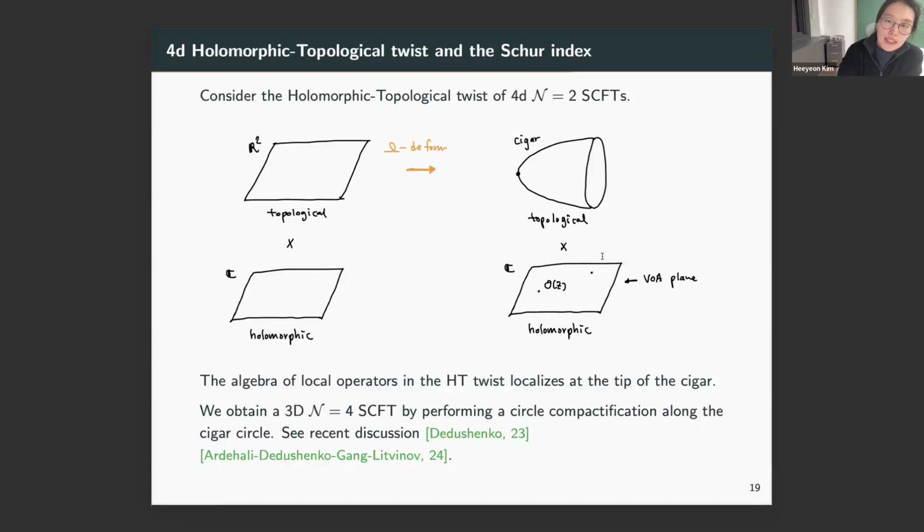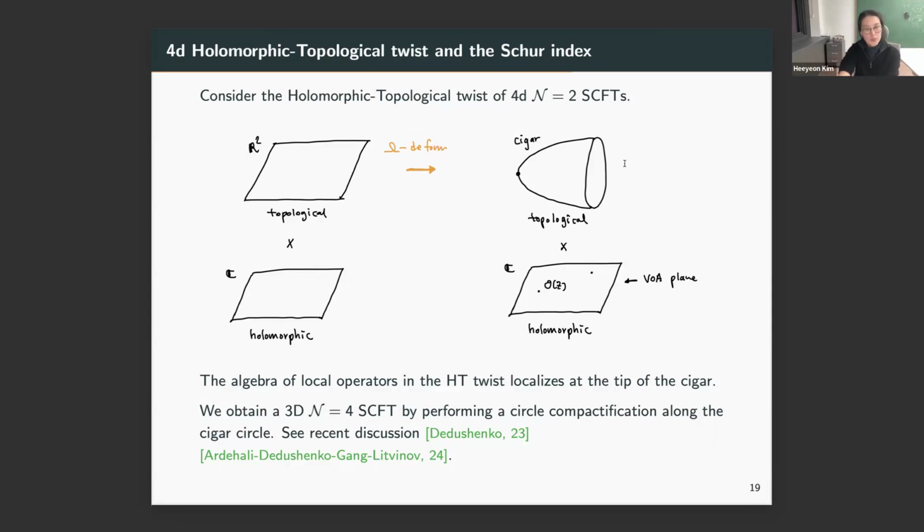The twist that gives rise to the picture of the 2D vertex operator algebras in 4D N=2 SCFT is the holomorphic-topological twist. So you consider the 4D theory on R2 times C, where on R2 you perform a topological twist and over C you perform a holomorphic twist. And you consider the omega deformation on this plane to turn it into a cigar-like picture.